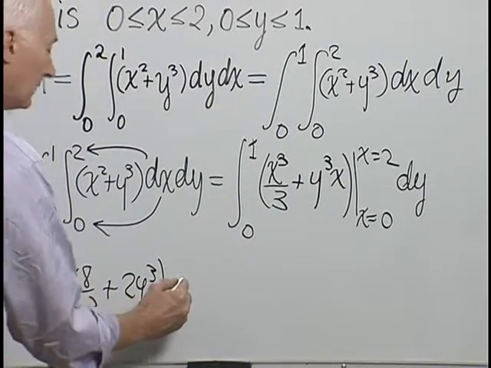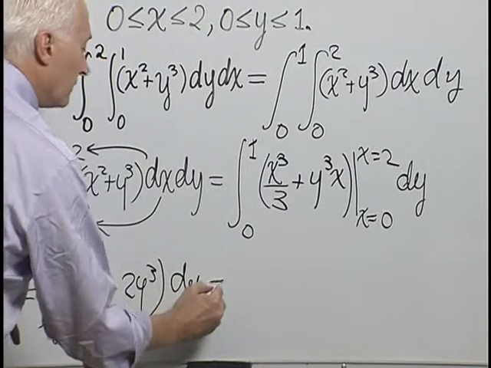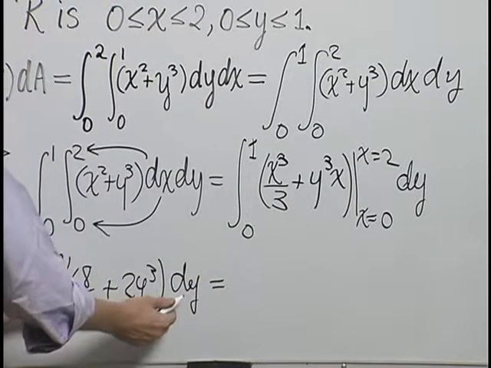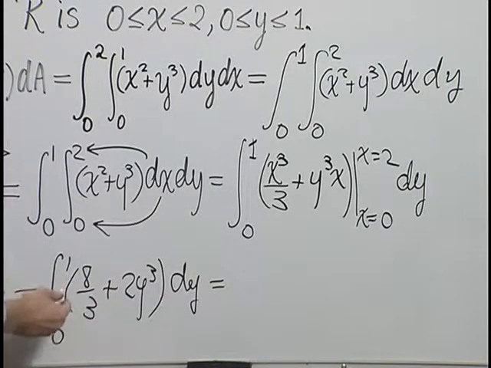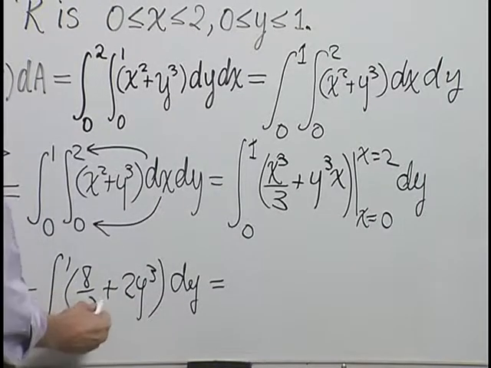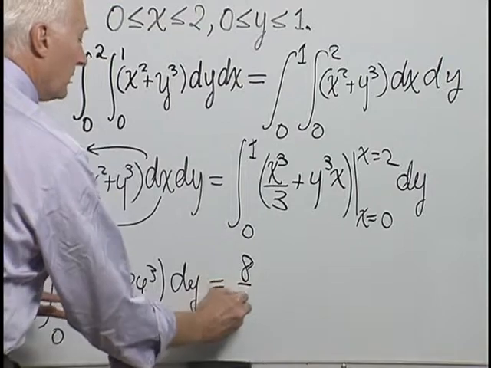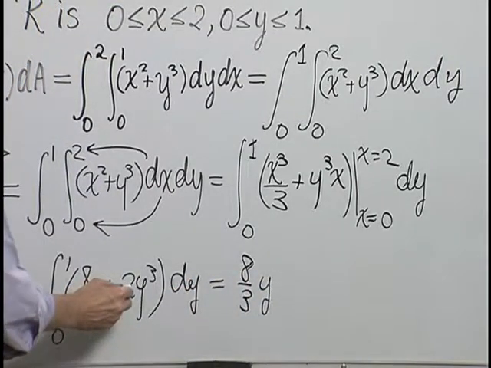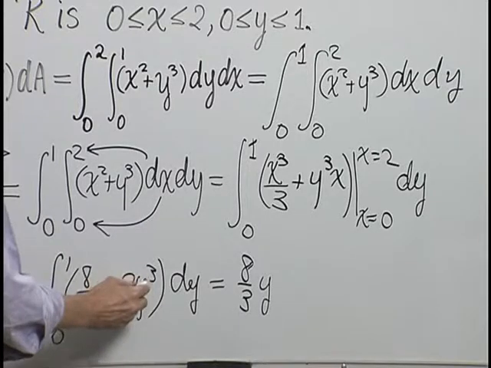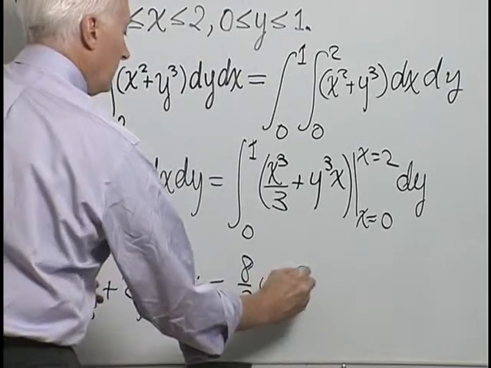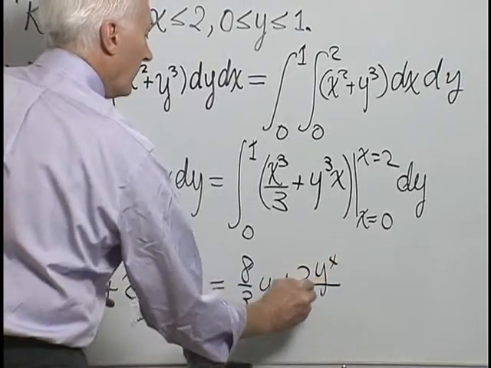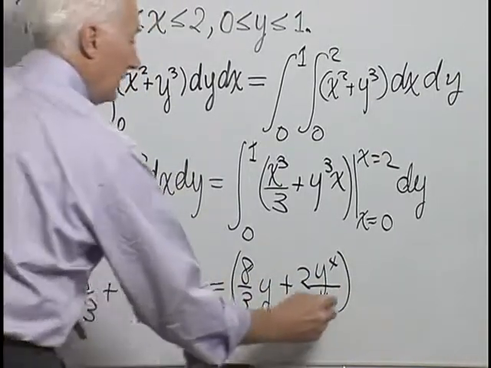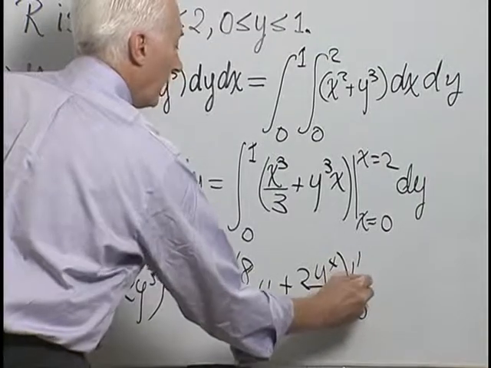And so that's integrated against y. That is, we now have a function of y to be integrated, the definite integral from 0 to 1. The antiderivative of 8/3 with respect to y is 8/3 y plus the antiderivative of 2y cubed, which is 2y to the 4th over 4, and that's to be evaluated from 0 to 1.